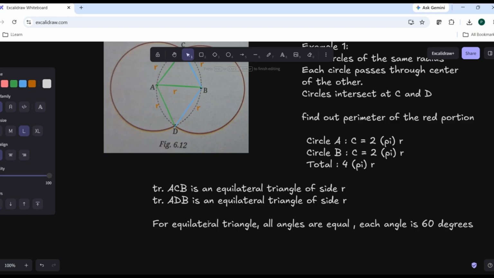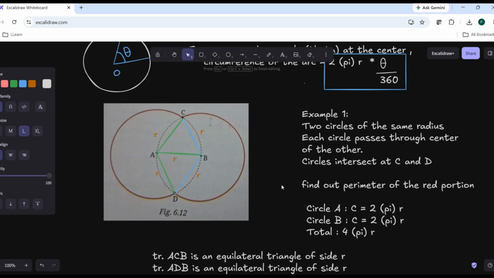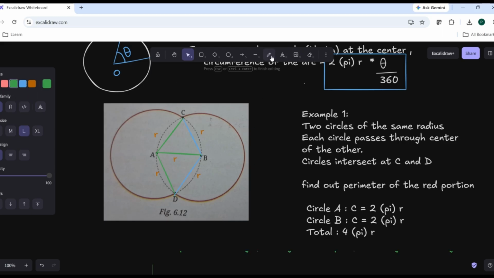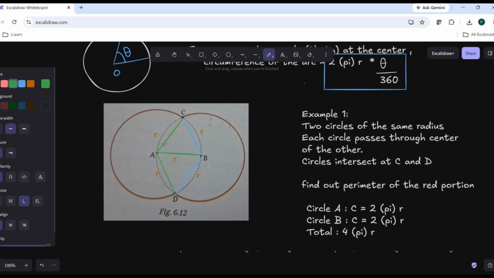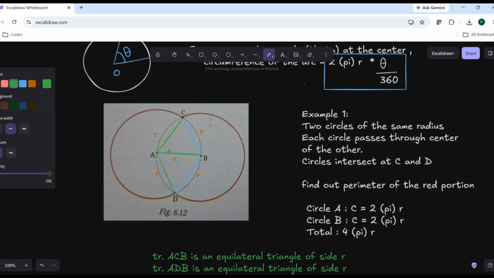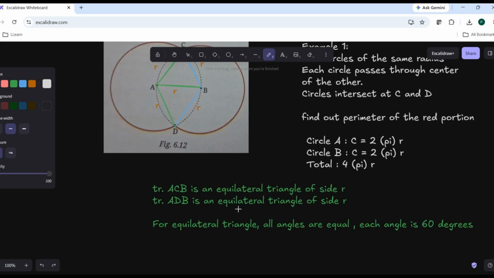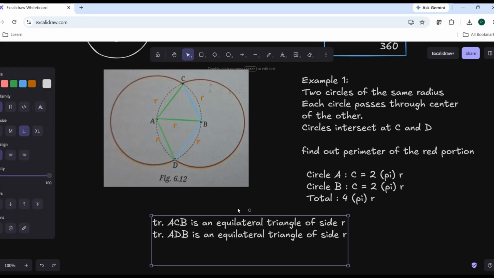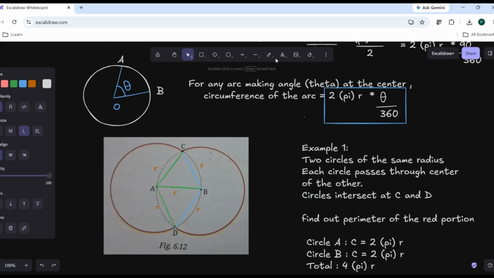So when we come to know the angle, what can we look at here? What we look at here is this angle.